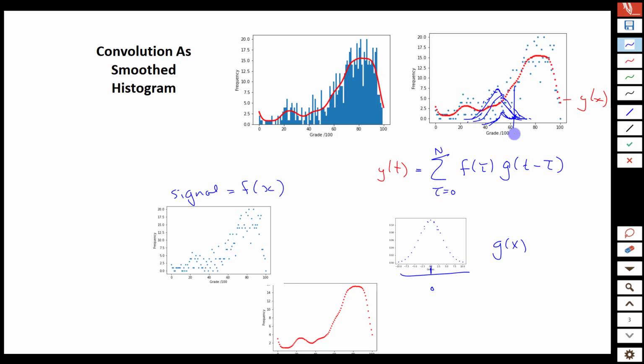If you take a look at the math of how you would get a grade at 62, we take the grade, say, at 58, and then scale it by g of 4, the difference, which is, okay, how much of that stuff gets over to that point at 62, because it's 4 away from the point I'm at. And then 57 is 3 away, and then 59 is 3 away, and 60 is 2 away.